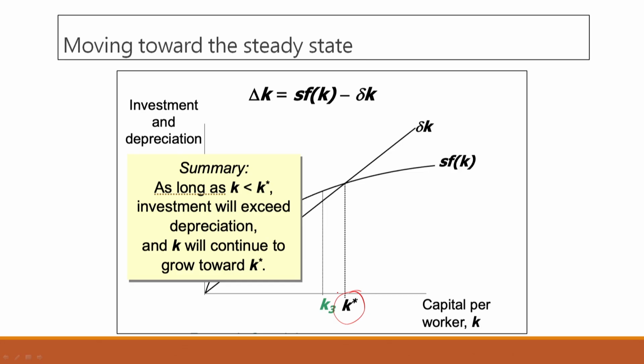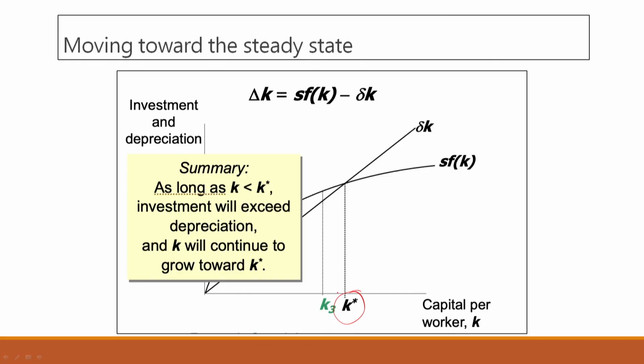My question here is, if an economy has reached this point K star, which is the steady state level of capital, is it implying that the economy has stopped growing in terms of GDP? Just listen to this question carefully and ponder about it in the context that we have set up here.